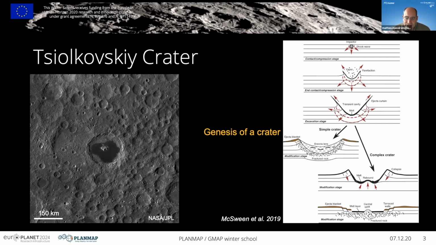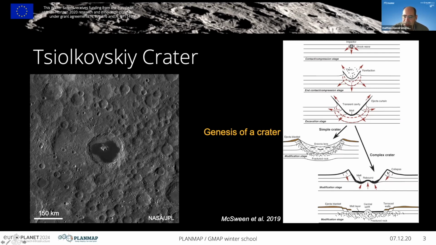When the crater is bigger, you have a complex crater. The complex crater means that you have a rebound at the base of the crater that forms a peak that you see in Tsikowski here, which is actually a big complex crater because it's 180 kilometers. And then you have an effect of collapsing of the rim.